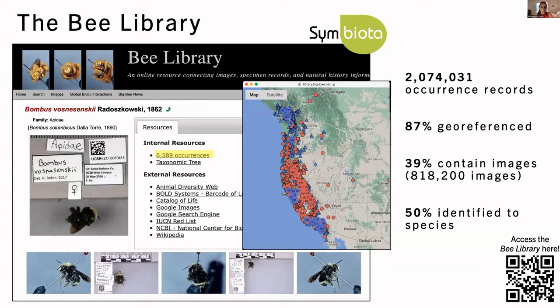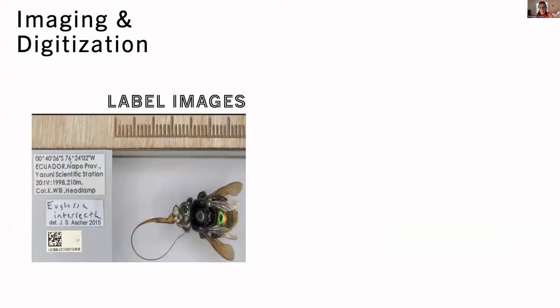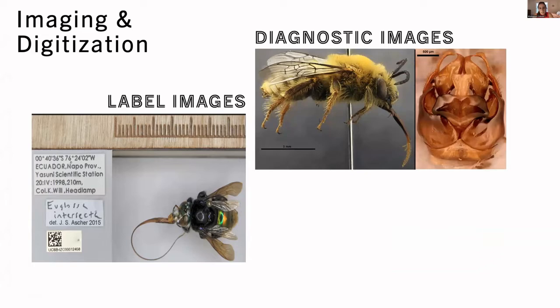And as we're only in the second year of the project, the data here is still in its rapid growth stage. And one of the really important features of the Bee Library is that we're populating it with a variety of images that can themselves serve as research subjects. So we're not only including standard label images, which can be used to quantify body size, but we're also including these high-res focus stack diagnostic images that will be used to visually describe focal features for species and genus identification.